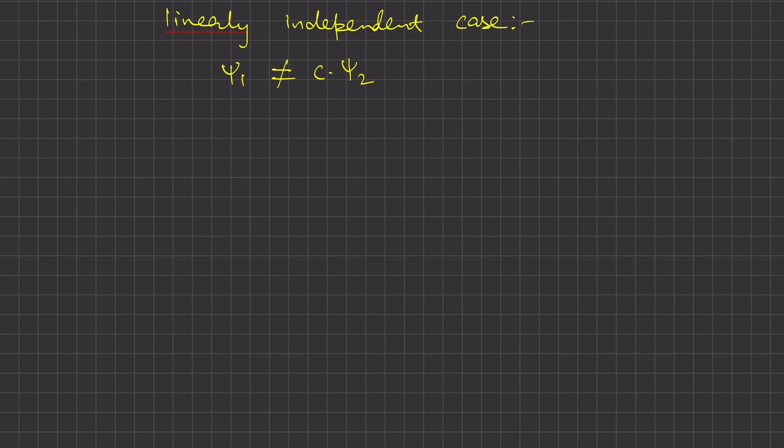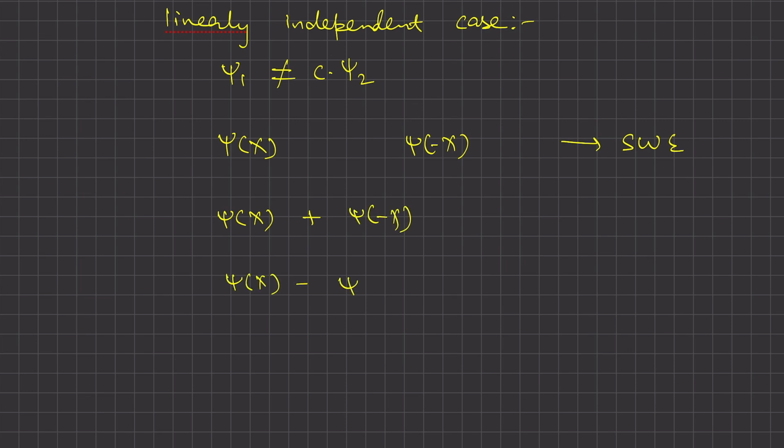Okay, so in this case, we can do one simple thing. We know that if psi of x and psi of minus x are two solutions of the same Schrodinger's wave equation, then any linear combination of them is also a solution. So we have two linear combinations, psi of x plus psi of minus x, and psi of x minus psi of minus x.